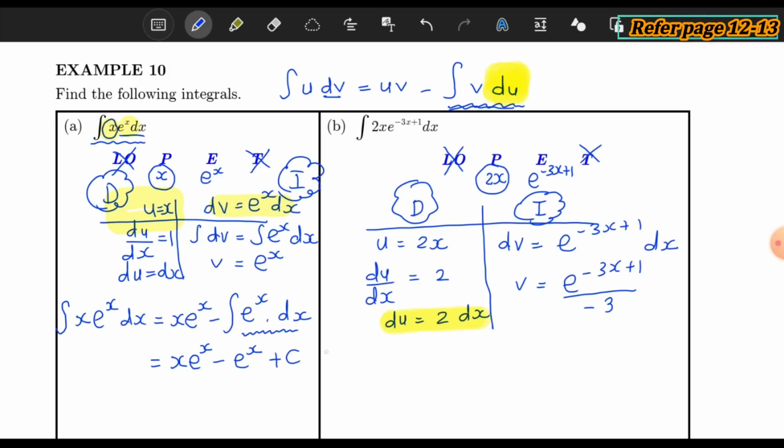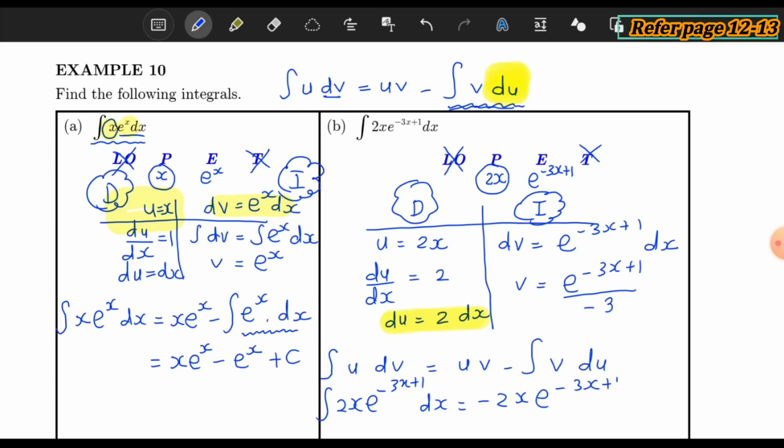Now we will use the formula integrate u dv equals uv minus integrate v du. For this case, we have integrate 2x exponent negative 3x plus 1 dx equals u times v. So we have negative 2x exponent negative 3x plus 1 over 3.